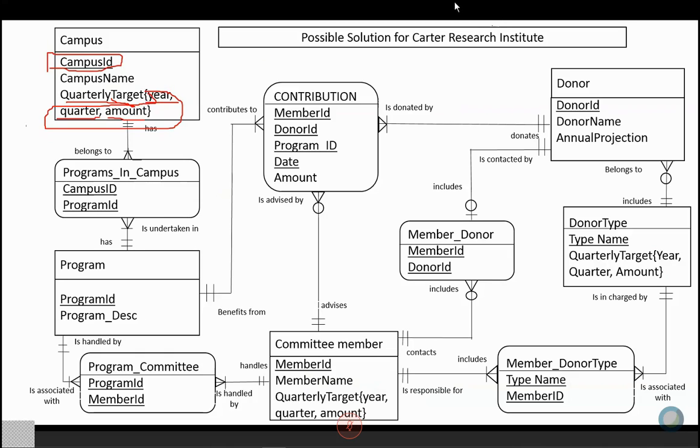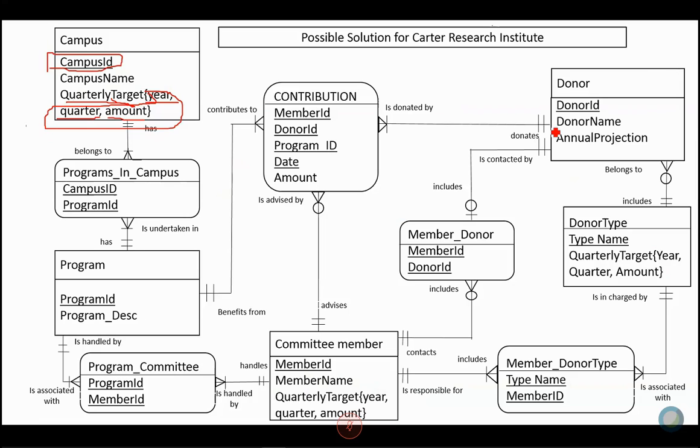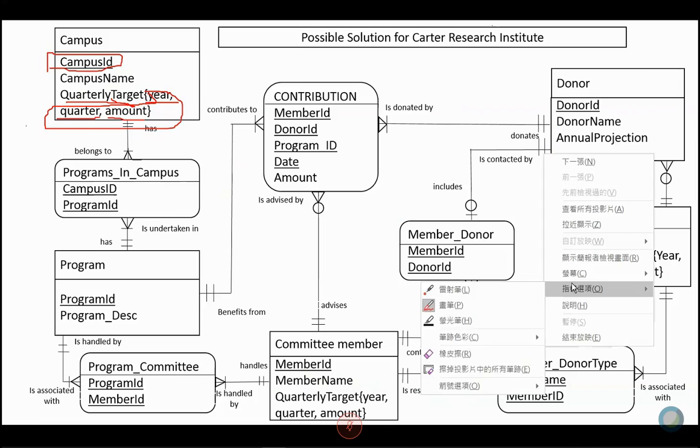Your team may not be correct on this one, which is fine. Don't criticize yourself. But this is the subtlety, something more advanced I want you to learn about. In your milestone 3, I will ask for the relational model.